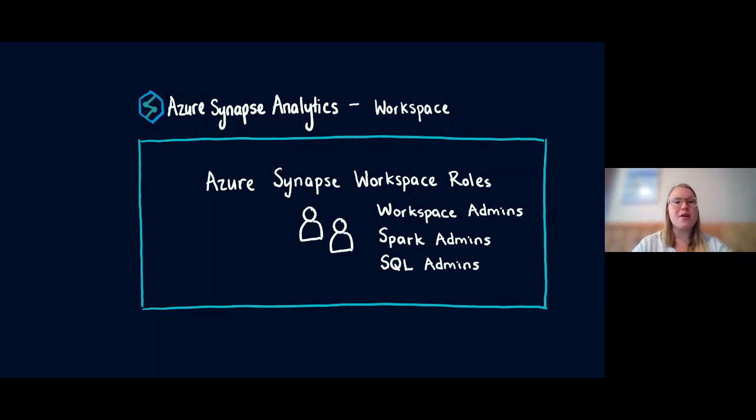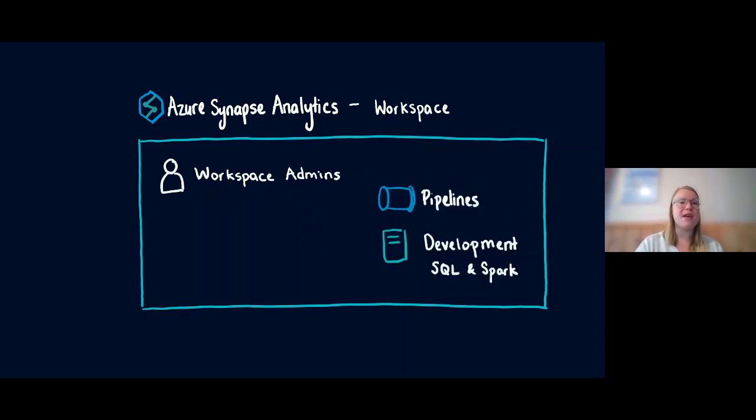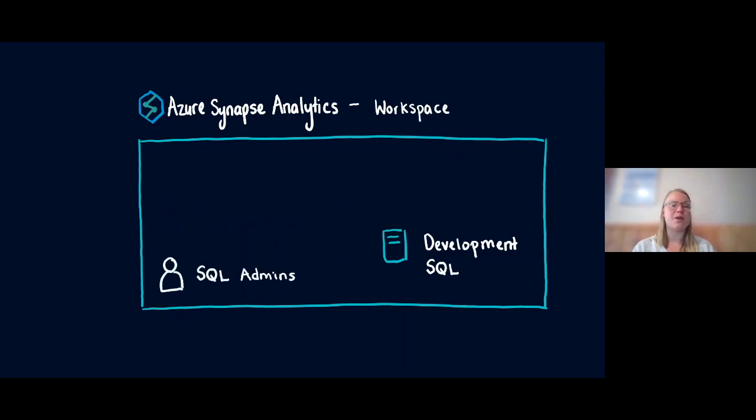And so currently how this works is that the Workspace admin, this is the person who can do everything. So they're going to be able to create pipelines. They are able to do development on both SQL and Spark, and pretty much anything within the workspace itself. If we, in contrast, look at the Spark admin, the Spark admin is only going to be able to do development on Spark, whereas the SQL admin is going to be able to do only development on SQL.